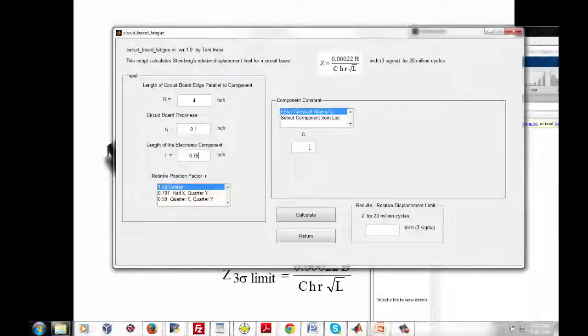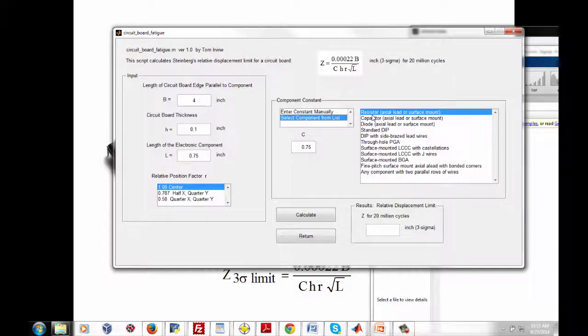And we can either just enter in where our C value is, or just as a little library here, we can go down and say, yeah, we've got a standard dual inline package. So now we're going to calculate. So down in this box, we have the 3 sigma Z, the not-to-exceed limit for 20 million cycles. And if we round off just a tad, that's 10 thousandths of an inch.